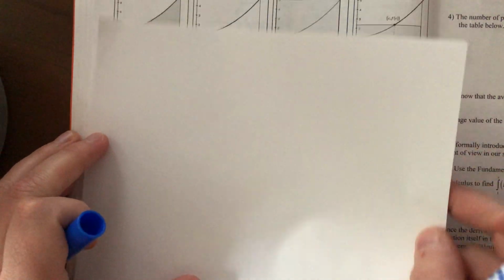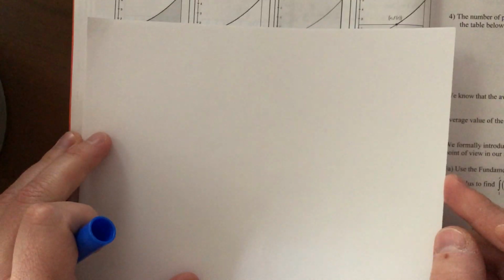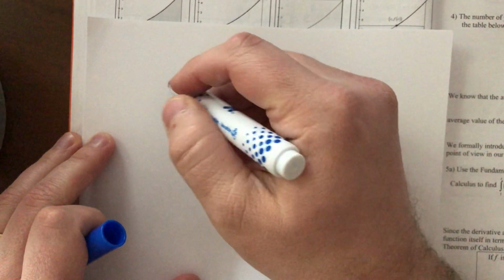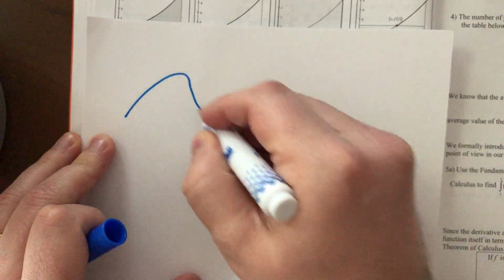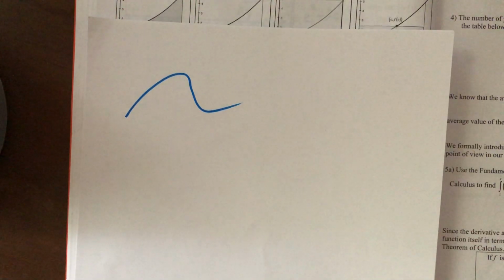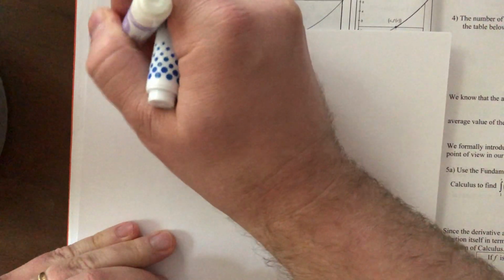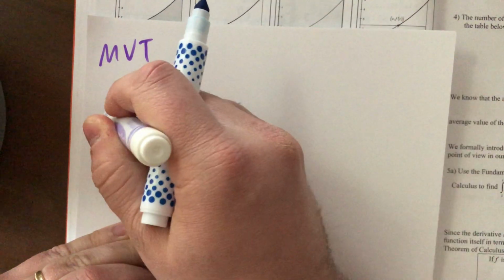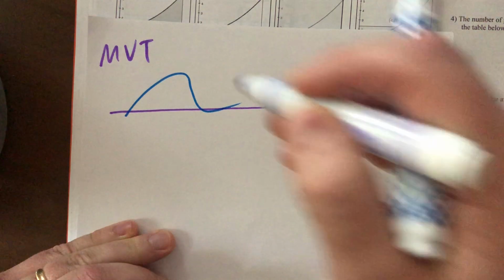So you might remember there's this theorem called the mean value theorem, and the idea was like if we had some kind of curve like this, and we looked at the average rate of change over an interval. So we called this mean value theorem. So this is just a little review for you to kind of get us started here.